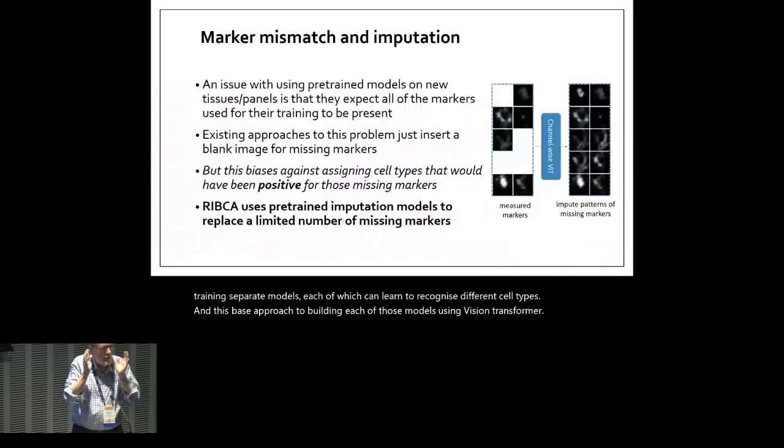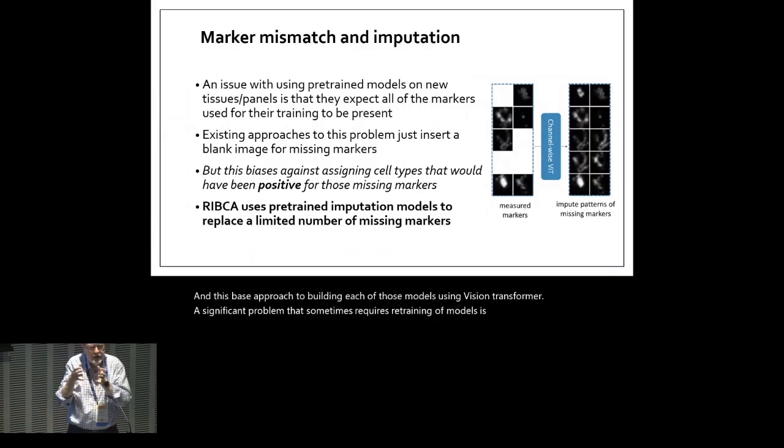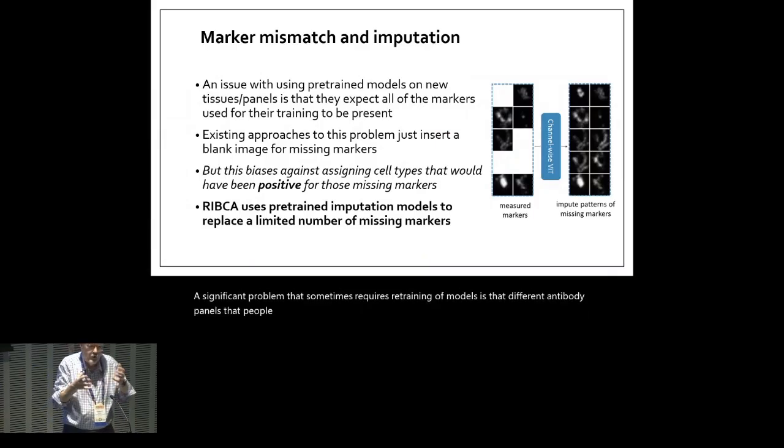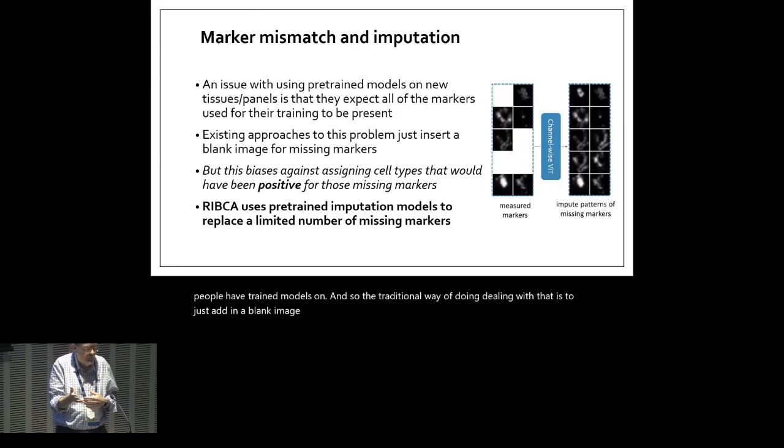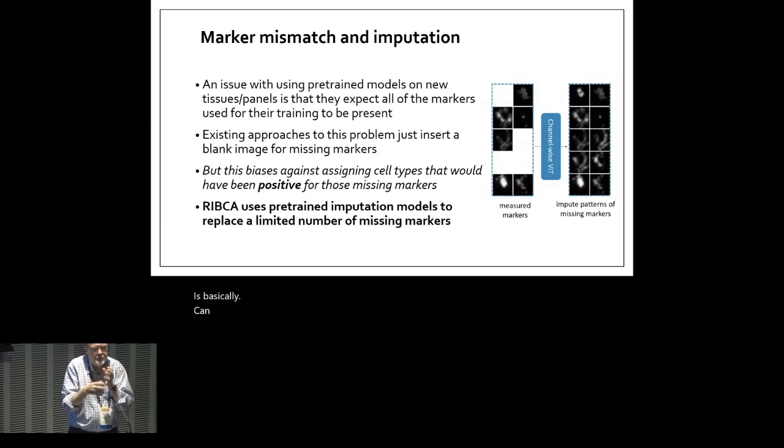Now, a significant problem that sometimes requires retraining of models is that different antibody panels that people choose don't have the same markers as other panels that other people have trained models on. And so the traditional way of dealing with that is to just add in a blank image for the missing marker, kind of hope for the best, okay? And that may work if that marker can be substituted for in the overall prediction task by some other markers.